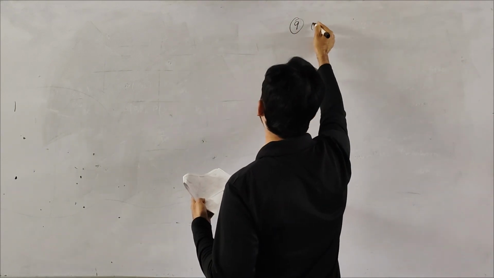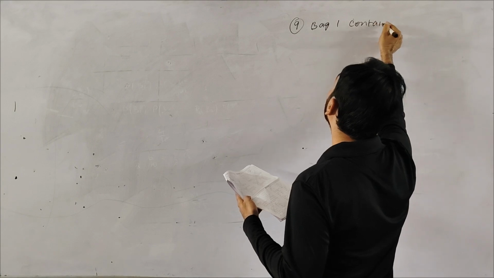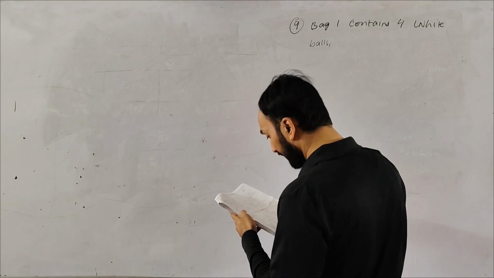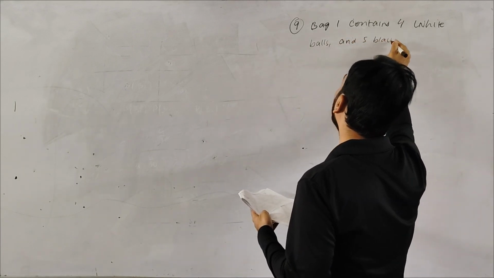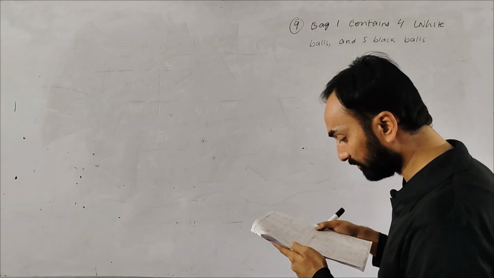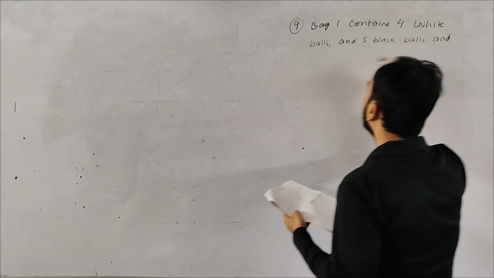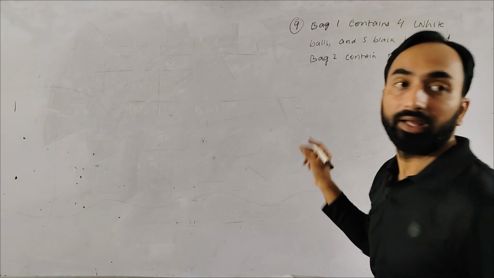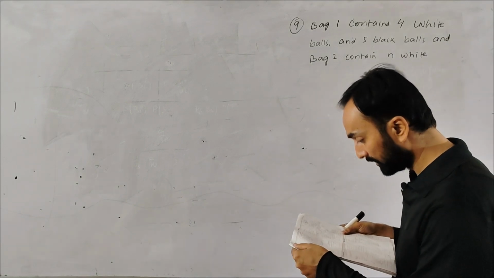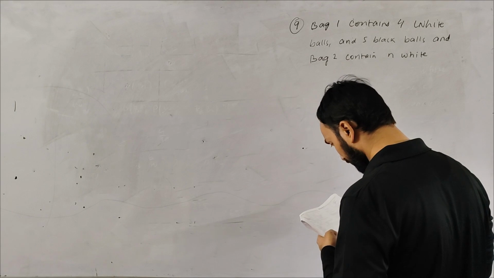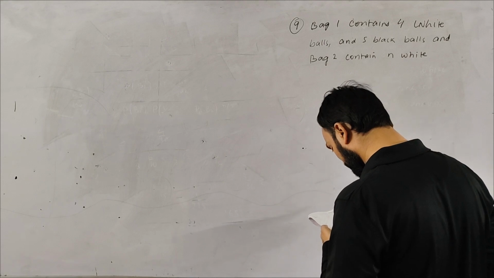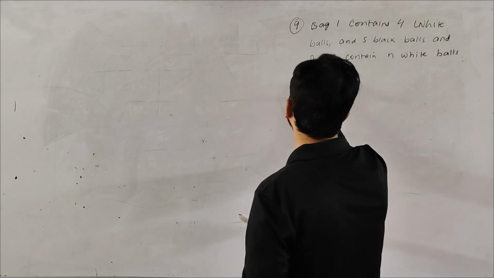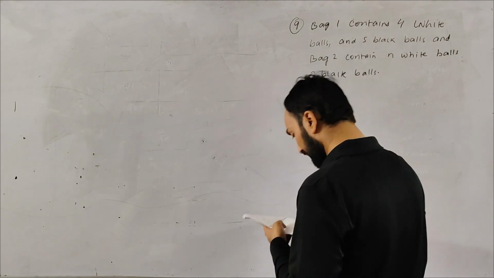Bag 1 contains 4 white balls and 5 black balls, and bag 2 contains n white balls and 3 black balls. Okay, so they have given us n as the number of white balls, and we don't know how many balls bag 2 has, right?